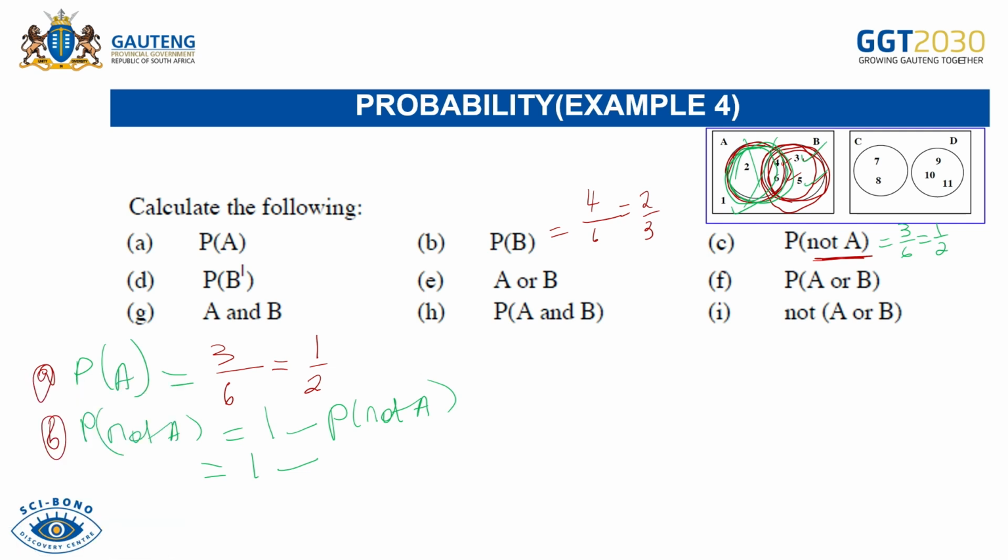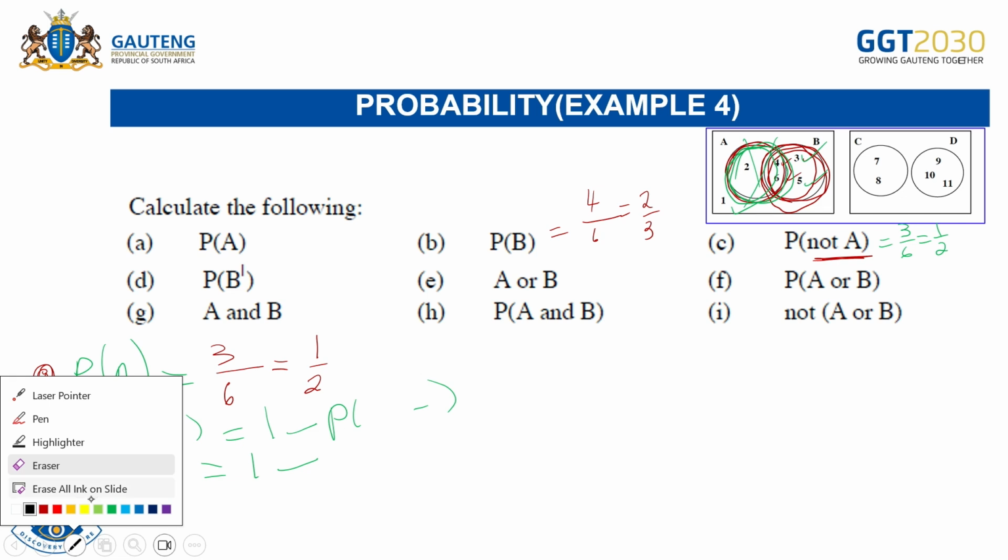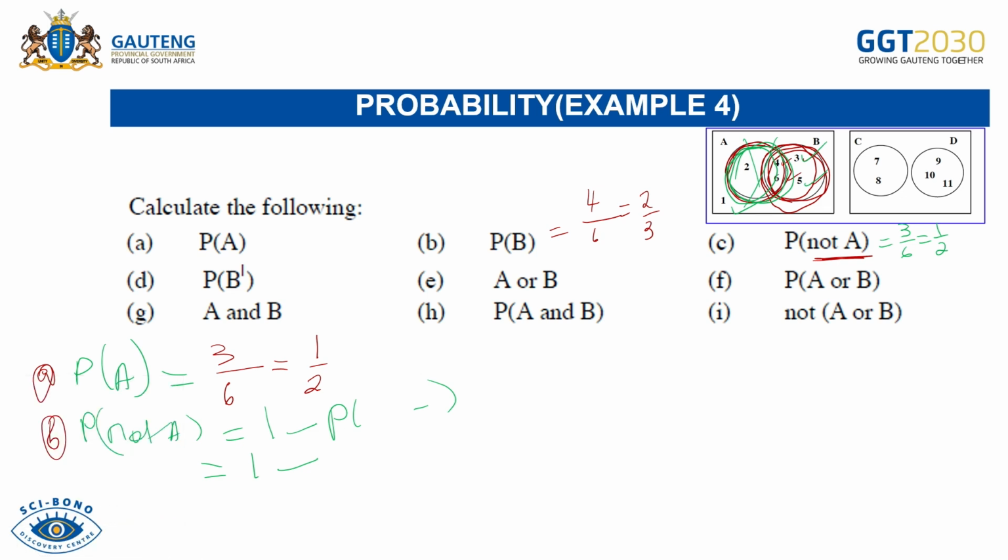I'm sorry for that. Remember the complementary events. So it's 1 minus the probability of A. We got that it's 1 over 2. Then if you put everything in a calculator, you'll get 1 all over 2, right? And then you get your full marks.